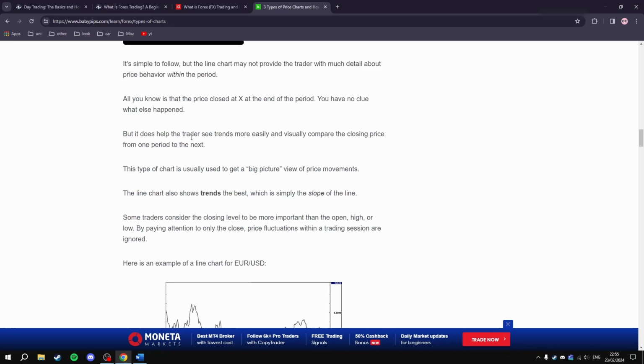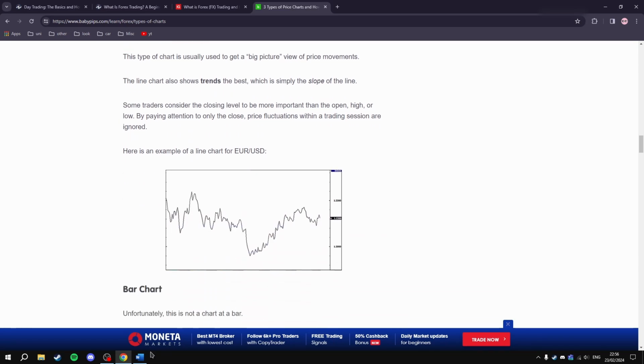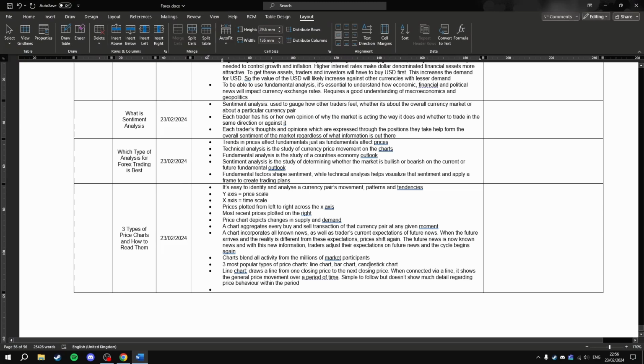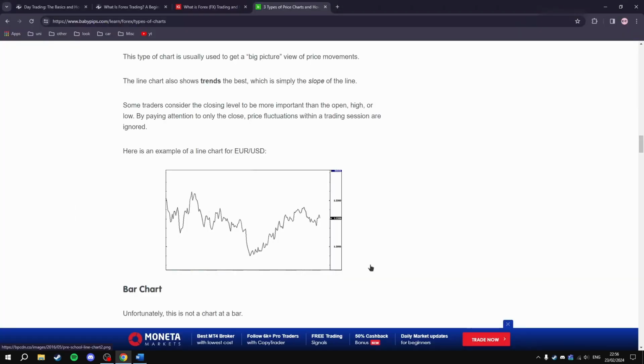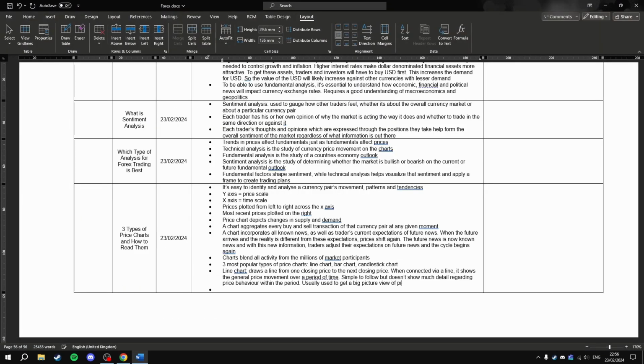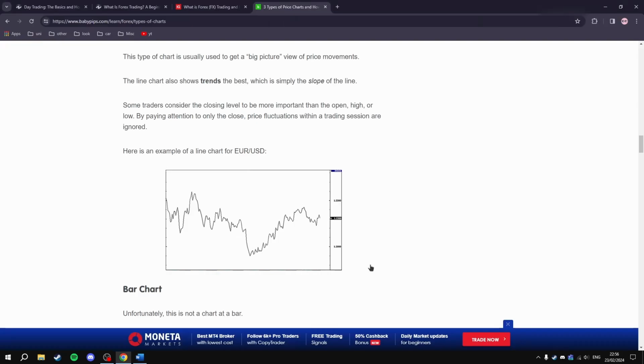But it does help the trader see trends more easily and visually, compare the closing price from one period to the next. This type of chart is usually used to get a big picture view of price movements.